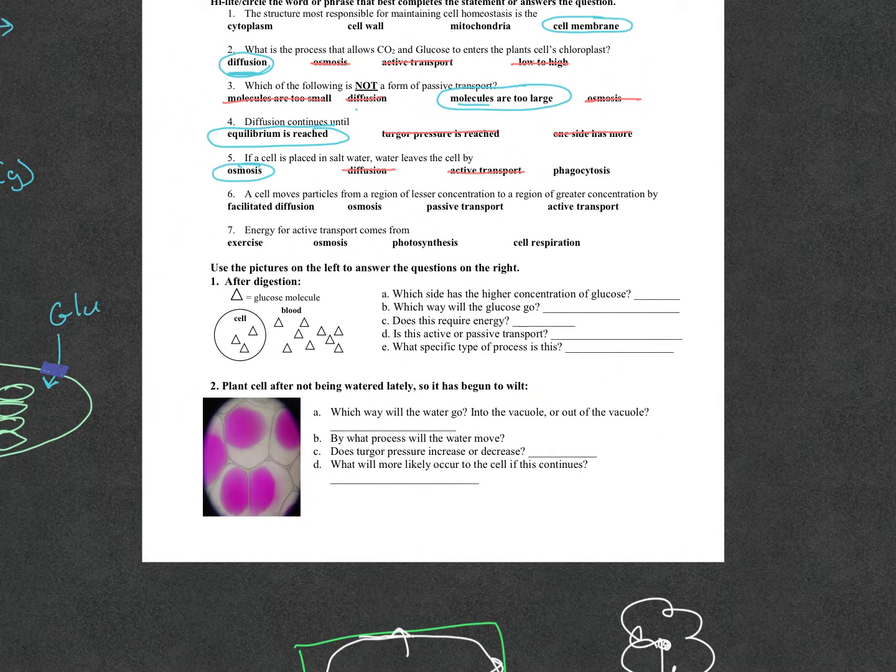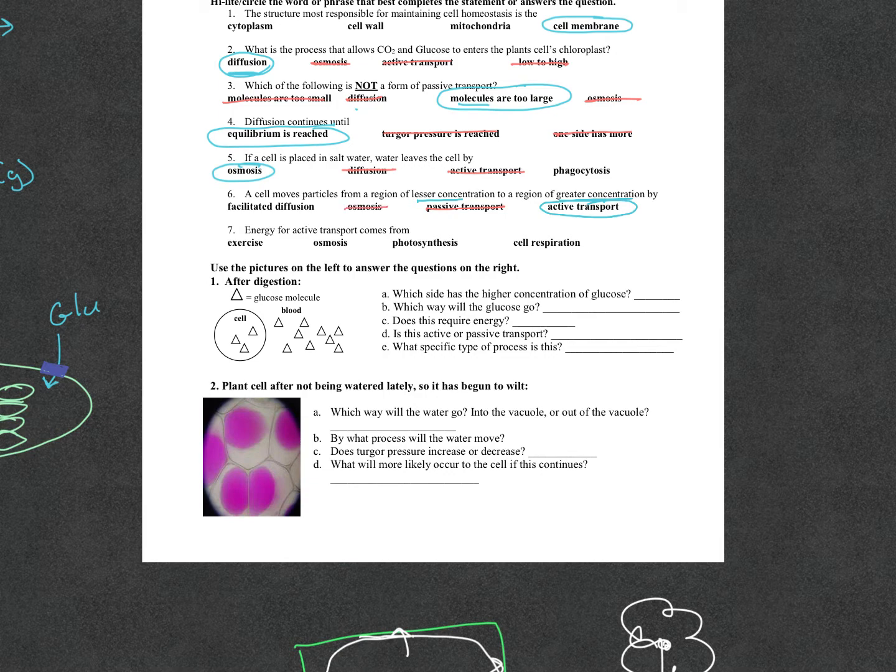A cell moves particles from a region of lesser concentration to a region of greater concentration. So low to high, and we call that active transport. Passive transport is not a thing when you're going from low to high.